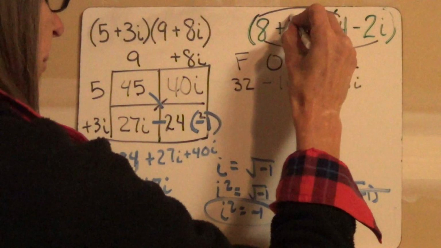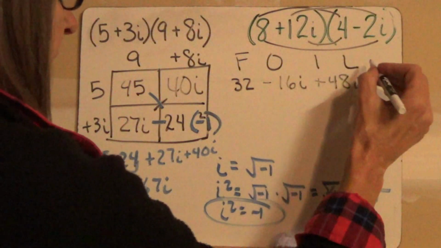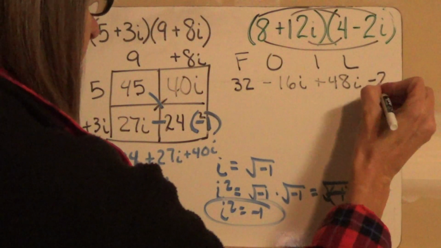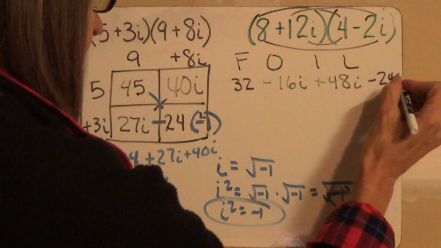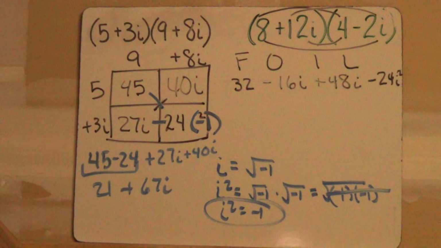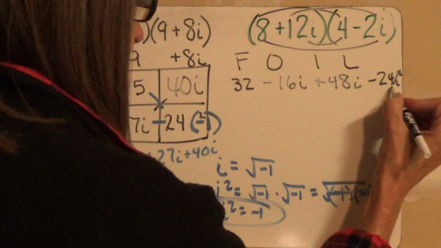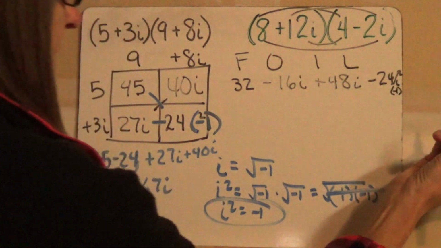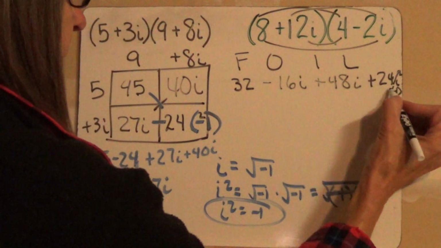And last, 12i times negative 2i is negative 24i squared. Now remember, an i squared means negative 1. Negative 24 times negative 1 would make that a plus 24.